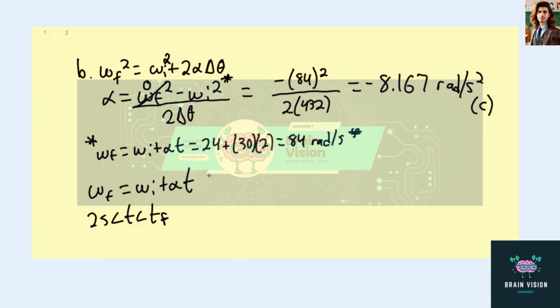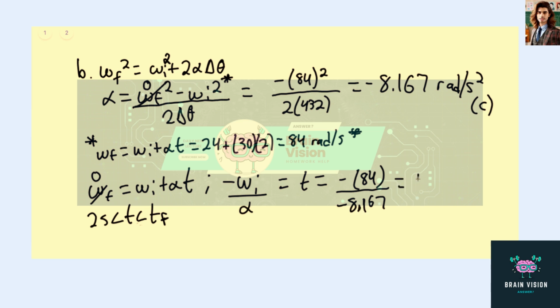And we know that the final velocity is going to be 0. So we can simply do negative omega initial over the acceleration is going to equal t, negative 84 over negative 8.167. And this is going to equal 10.3 seconds approximately.